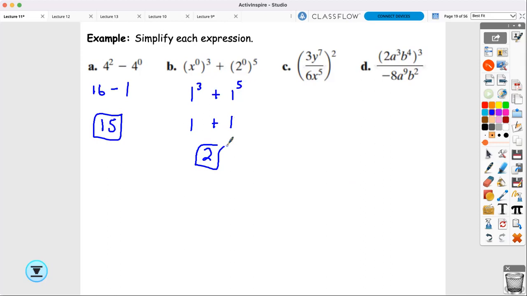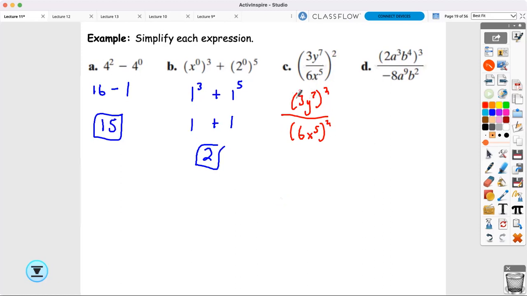Now C and D get a little intense, but nothing impossible, guys, okay? We have a numerator and denominator, and we have a square on the outside. We know when we have an exponent and a fraction, the top, 3y to the 7th, gets the square, and the bottom, 6x to the 5th, gets the square too.